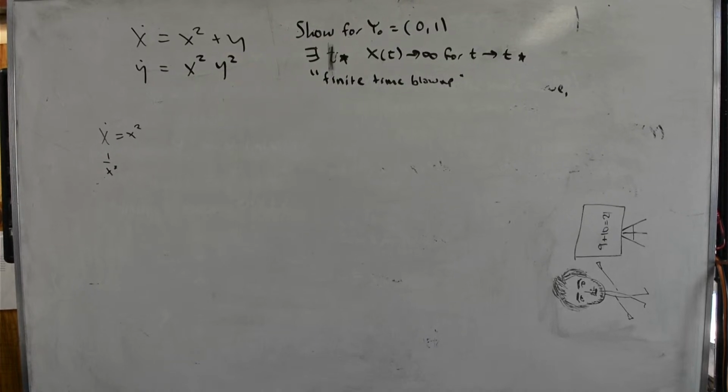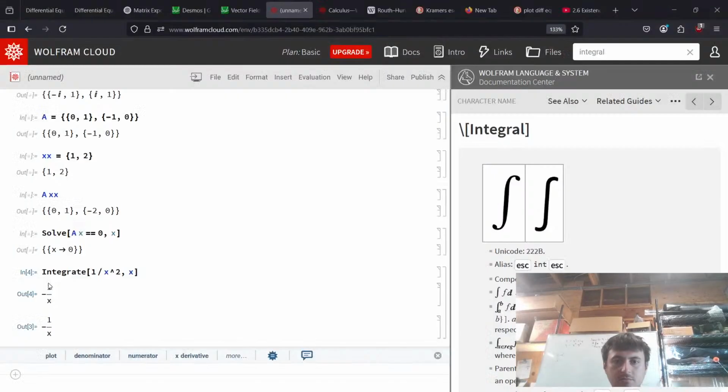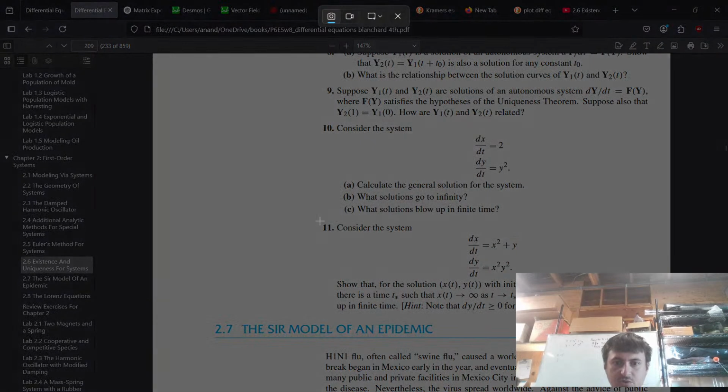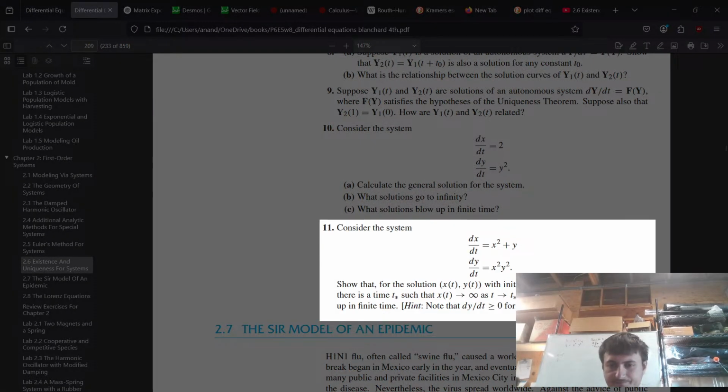Oh, because it's not called integral, it's called integrate. But how do you solve this system? You do not have very much time. I'm panicking, bro. I'm panicking.